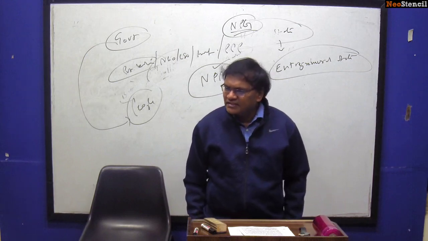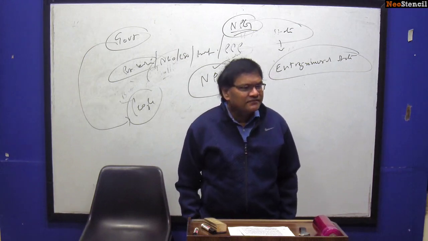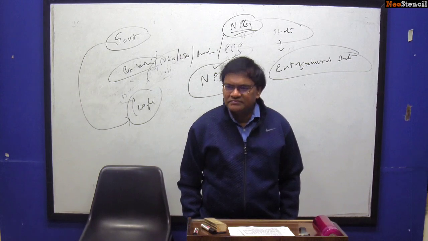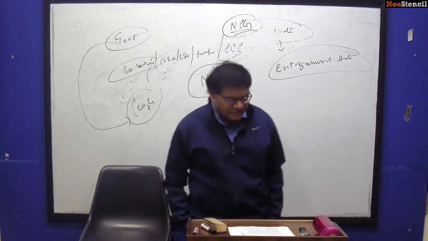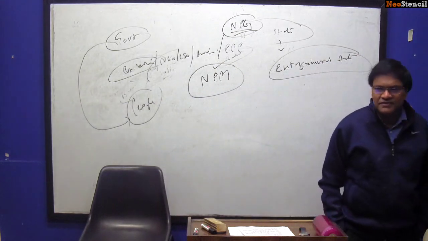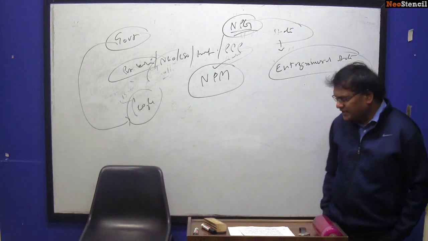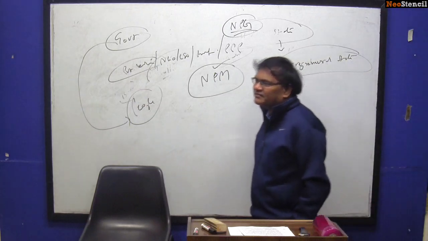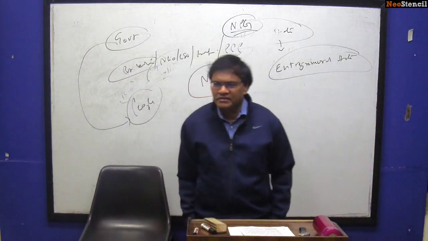Why? Because organization is not a physical structure. Elton Mayo has proved through his experiments that organization is not a physical structure, it is a social system consisting of dynamic human beings.